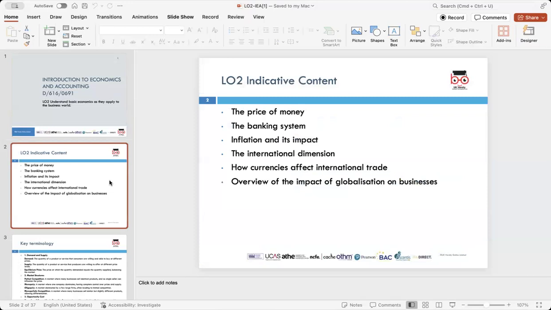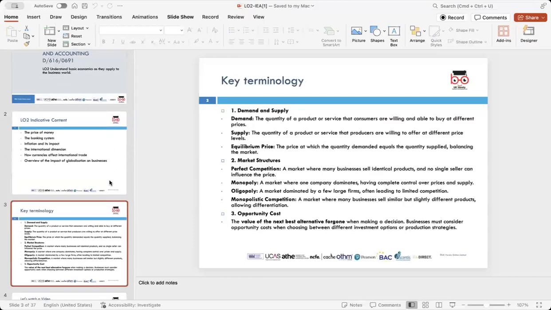Okay, so indicative content: the price of money, banking system, inflation and its impact, international dimension, how currencies affect international trade, and an overview of the impact of globalization on business. Here are some key terminologies. Demand and supply.